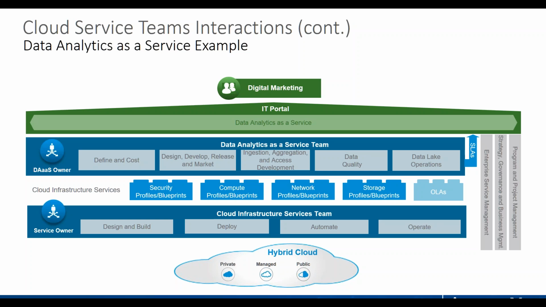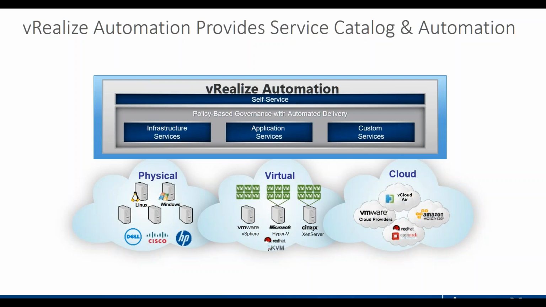Now with that, there's obviously the people, process, and technology side. So what does vRealize Automation, or vRealize Suite rather, provide to give us the technology enablement required for this? So first and foremost is vRealize Automation. vRealize Automation is policy-based governance, interfacing with SDDC technologies to provide infrastructure, application, and custom services.